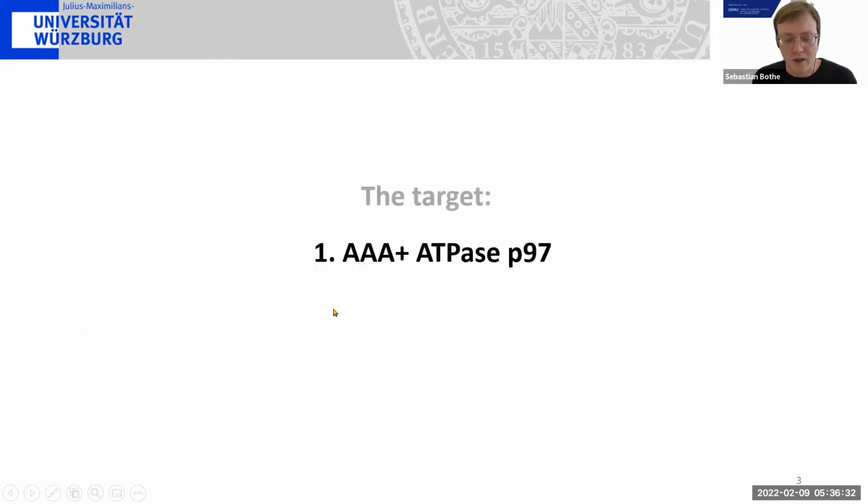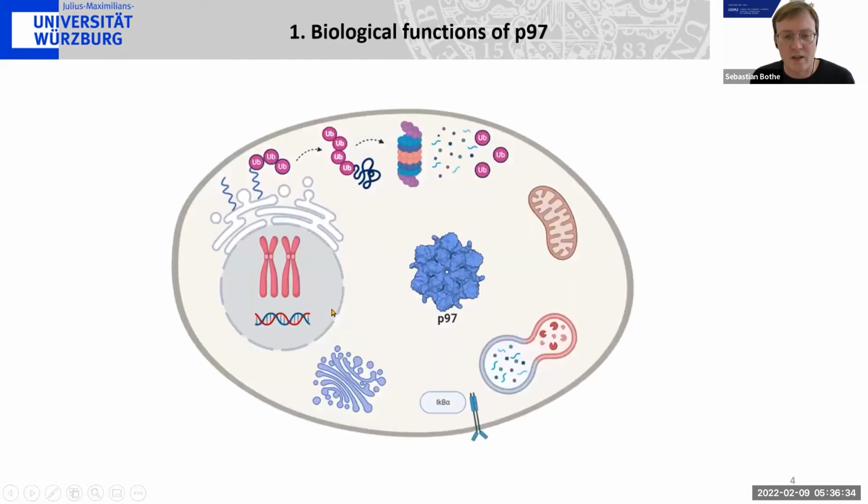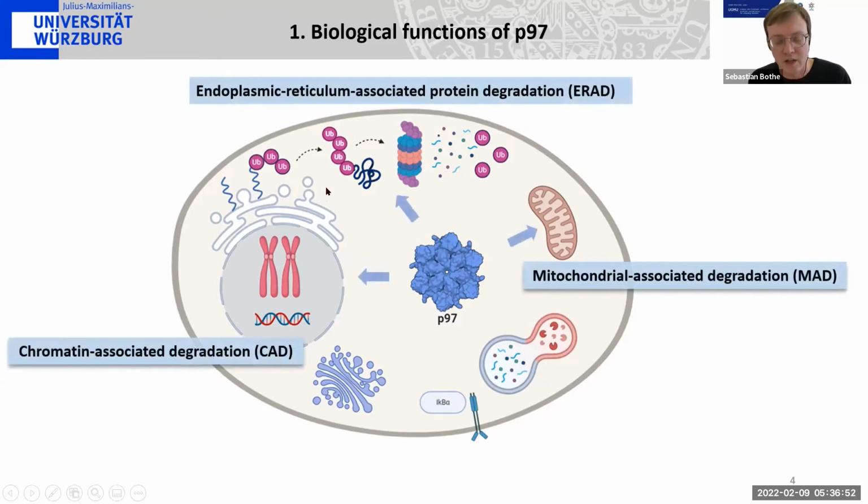So what is our target? Our target is the AAA ATPase P97. P97 is an essential protein involved in numerous cellular processes and plays multiple key roles during protein homeostasis. For example, it is involved in different degradation processes, such as the endoplasmic reticulum-associated protein degradation, the mitochondria-associated degradation, or the chromatin-associated degradation.